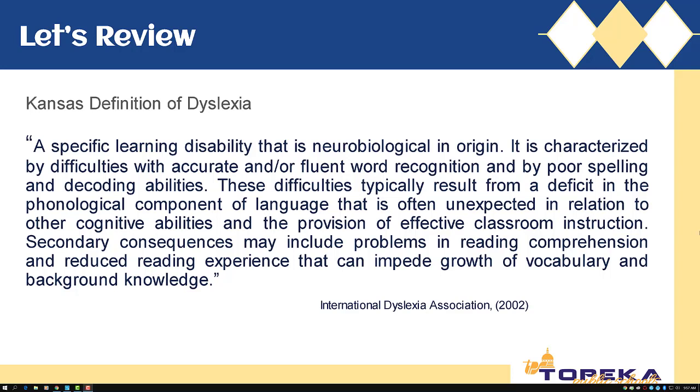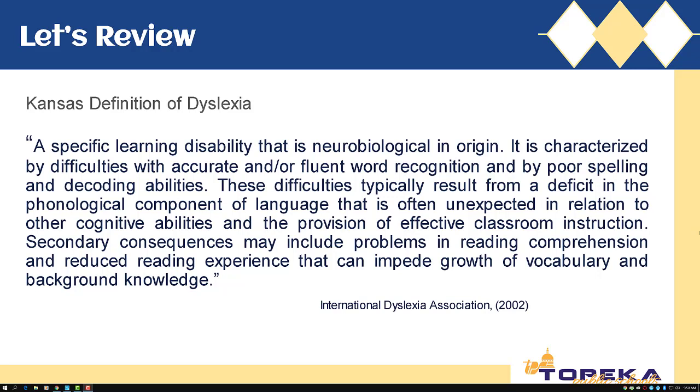Let's begin by reviewing prior information that has been learned in earlier sessions. We'll start by reviewing the definition of dyslexia as stated by the International Dyslexia Association. The Kansas definition of dyslexia states that dyslexia is a specific learning disability that is neurobiological in origin. It is characterized by difficulties with accurate and/or fluent word recognition and by poor spelling and decoding abilities.